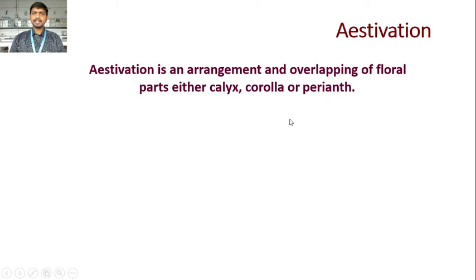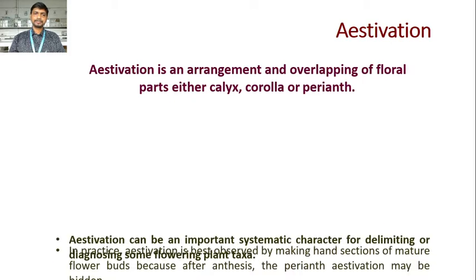So estivation is the arrangement of the floral parts, either calyx, corolla or perianth. One can say estivation is the arrangement and some type of overlapping seen in the floral parts. So the precise definition of estivation is the arrangement and overlapping of floral parts, either calyx, corolla or perianth.